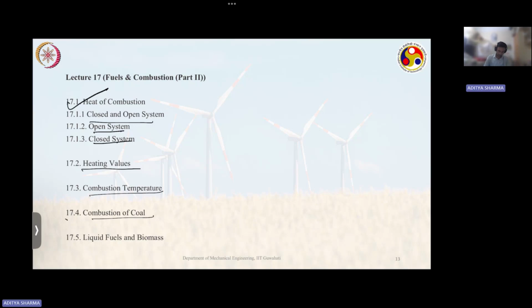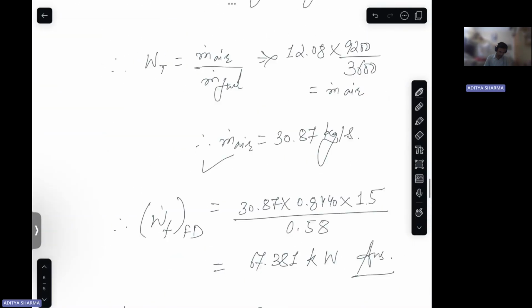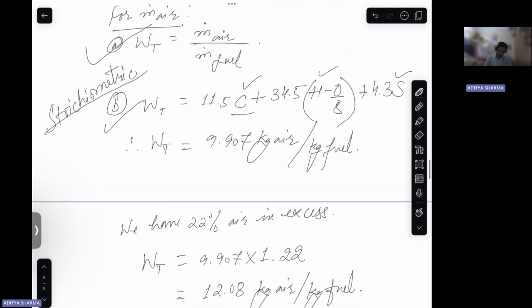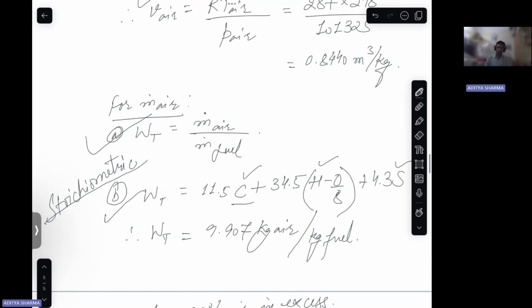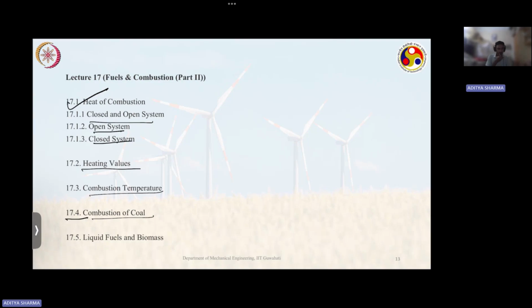So if you see numerical number 9, the B point that I used in numerical number 9 has been discussed under the heading combustion of coal. You can find it there. Then there are liquid fuels and biomass.